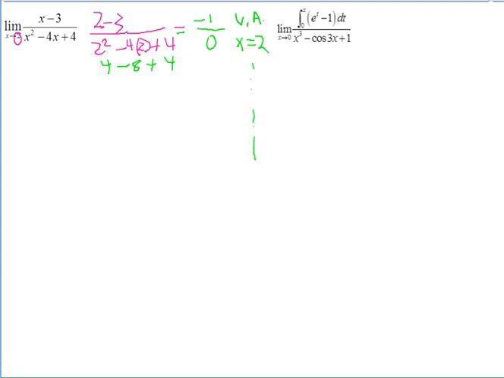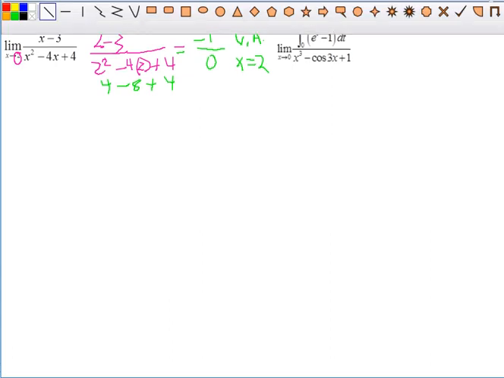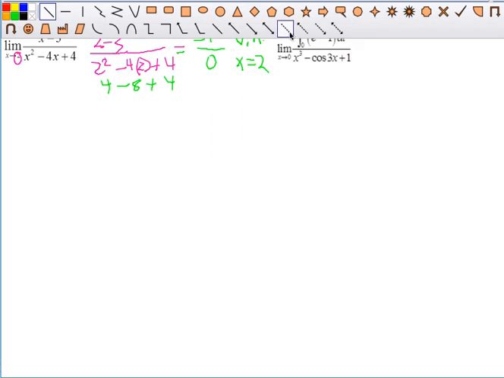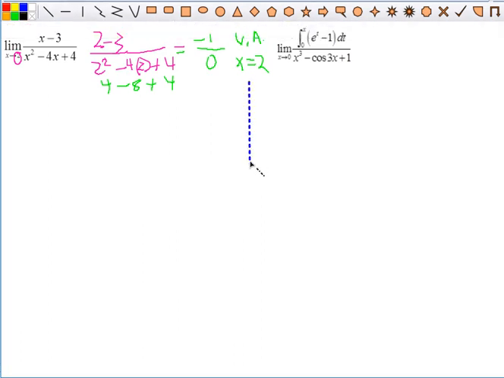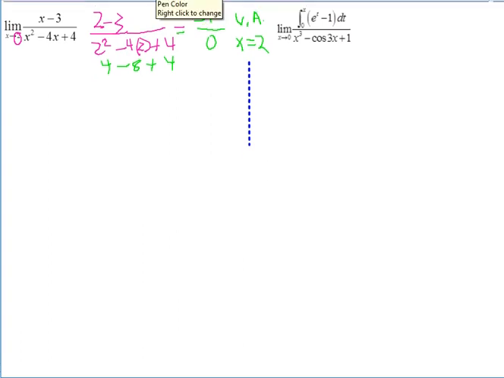Let's draw that a little better here. And so then what we have to figure out is what's happening on the left and on the right. So the limit as x approaches 2 from the left, I'll just call this f of x.